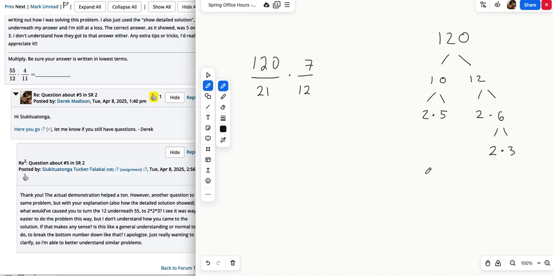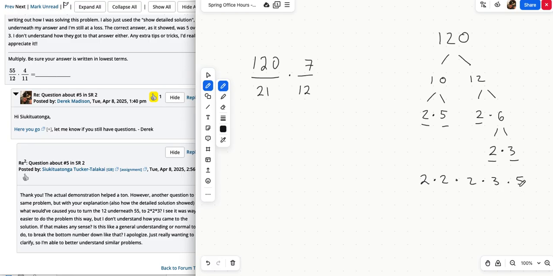So what that means is the prime factorization of 120 would be, let's see, 2 times 2, I'm going to put them in order, times 2 times 3 and times 5. So if you multiply all that out, 2 times 2 times 2 would be 8 times 15 does make 120.